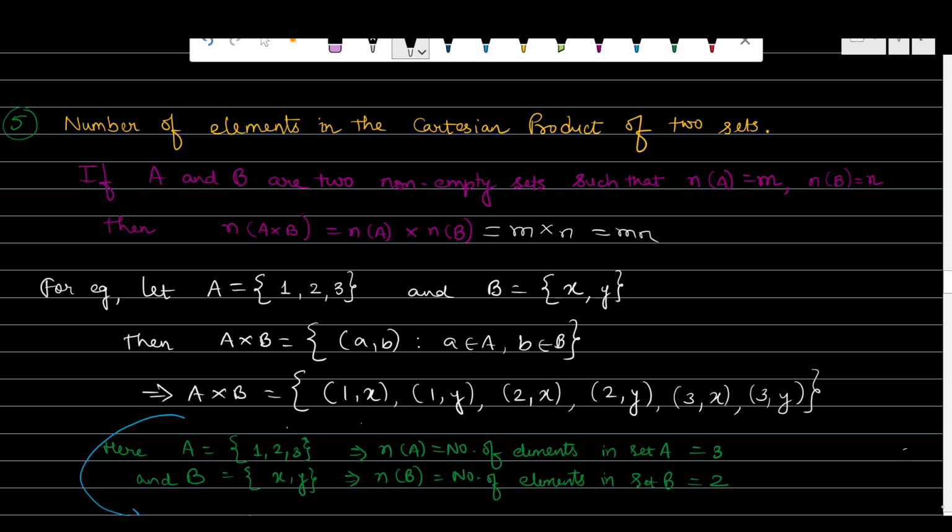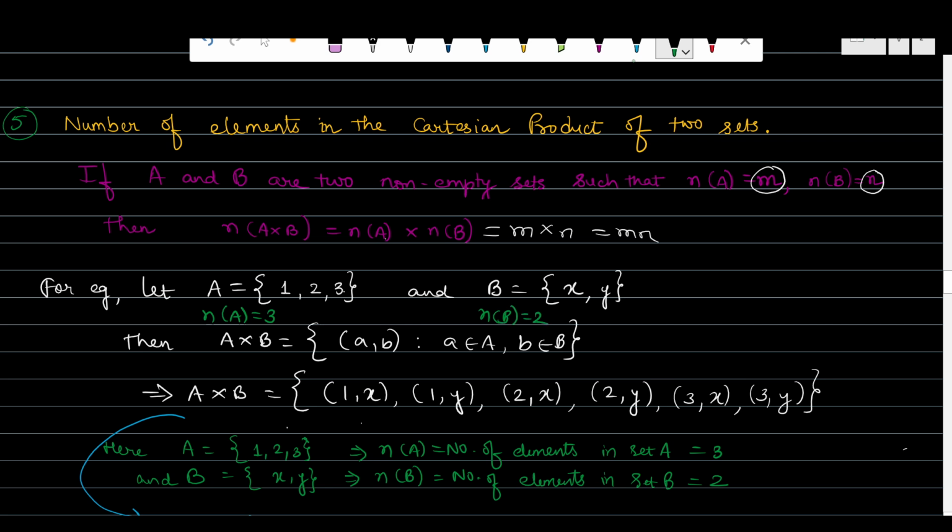If A and B are two non-empty sets such that the cardinality of A is m and cardinality of B is n, then cardinality of A cross B is equal to cardinality of A multiplied by cardinality of B. For example, consider this set A which contains 3 elements 1, 2, 3, and set B. The cardinality of A is 3 and the cardinality of B is 2.